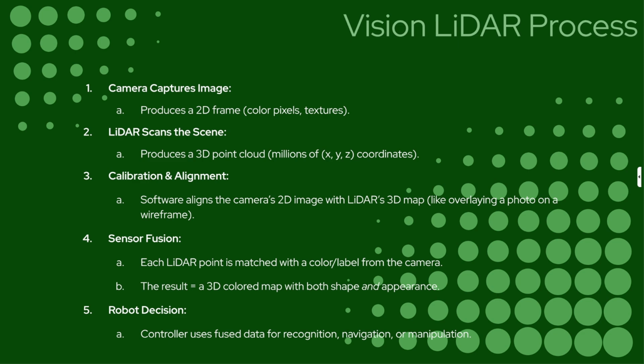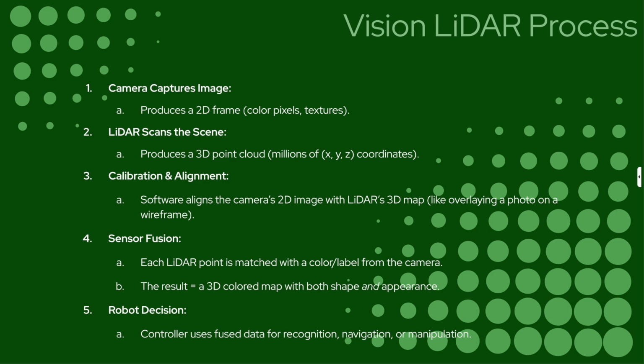And then the next step, which is the most important, is sensor fusion. Each LiDAR point is matched with a color label from the camera image. That results in a very detailed 3D colored map. So again, the robot knows exactly what it's looking at, how far it is, the shape of it. It knows everything about its current image.